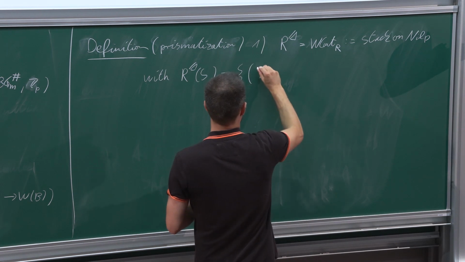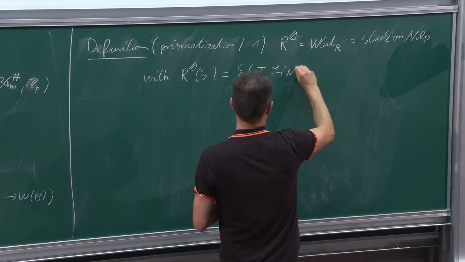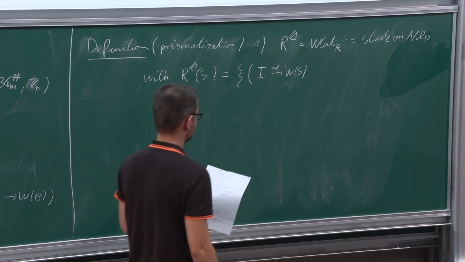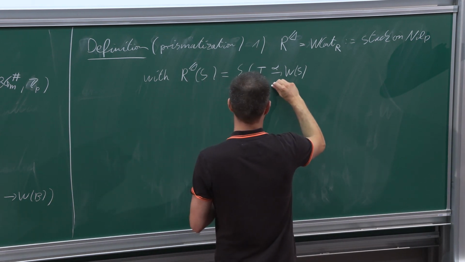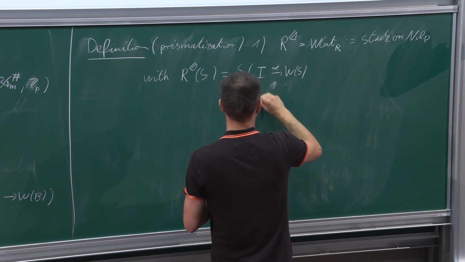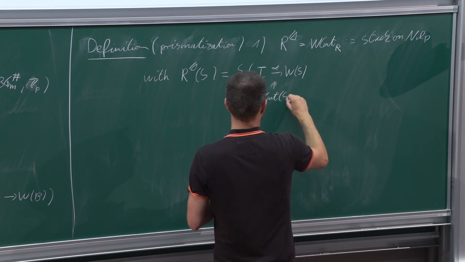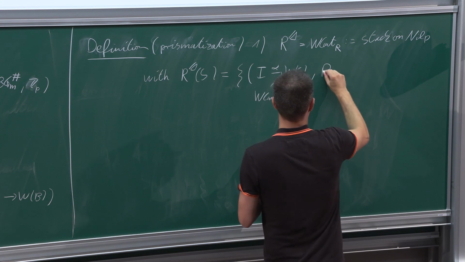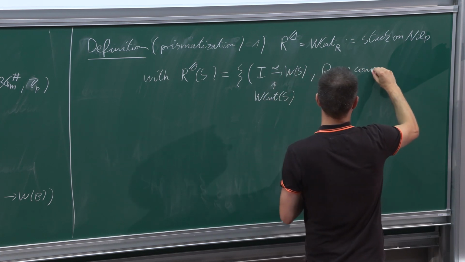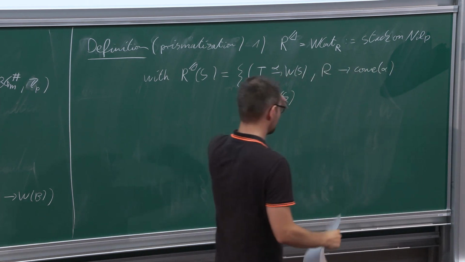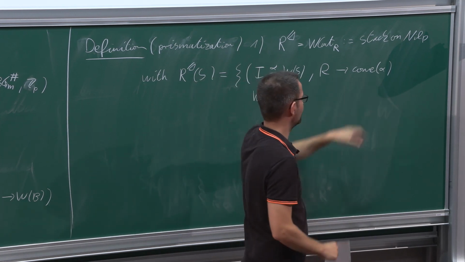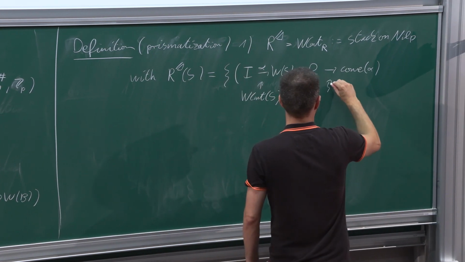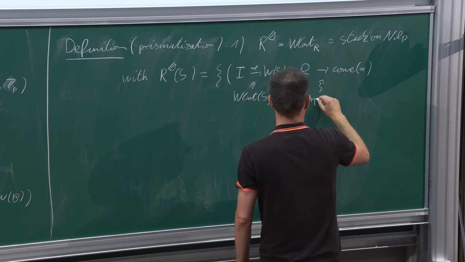Namely, we consider a Cartier-Witt divisor alpha on S together with a morphism of R to the cone of alpha, and this is a morphism of animated rings.